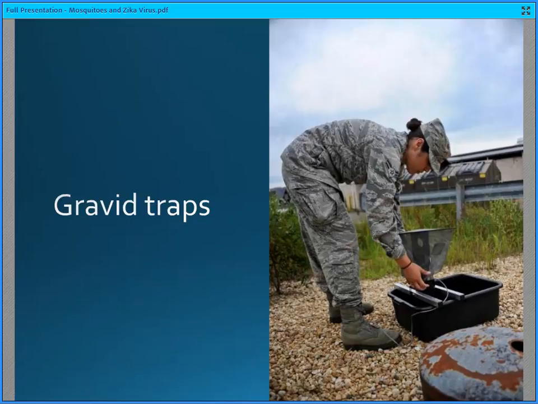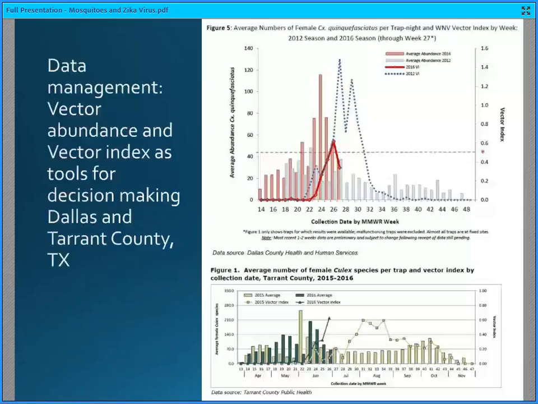The stinky water is very attractive to Culex mosquitoes especially, and traps have been designed to suck up mosquitoes that come to those traps, and that's how we typically get our collections of mosquitoes for use in testing for West Nile virus. Again, it needs to be done by a professional group, and you're not, as a school district, probably going to be involved in doing that, but be aware of the tools that are being used.